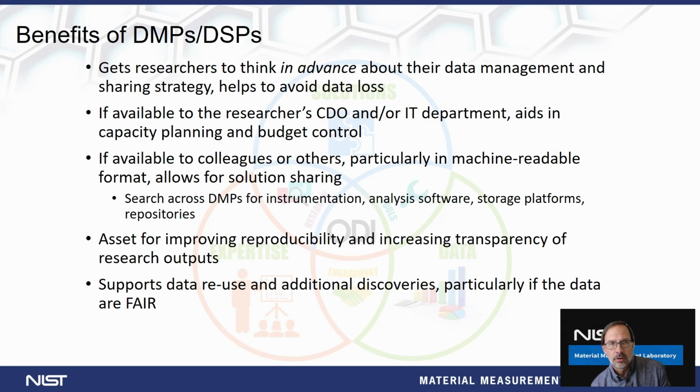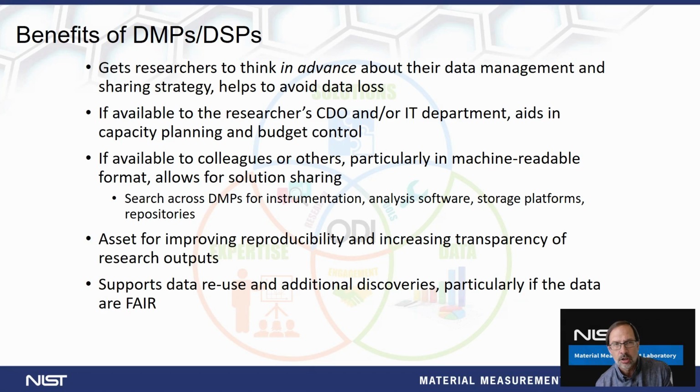It also is very helpful if it is available to, say, the chief data officer or the IT department at an organization, because it can aid in capacity planning and budget control. And if DMPs or DSPs are available to colleagues or others, if they're open, particularly in machine readable format, this allows for solution sharing.